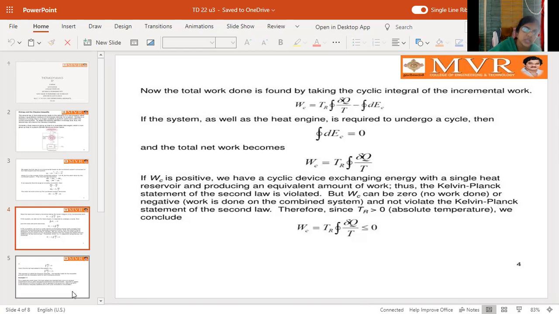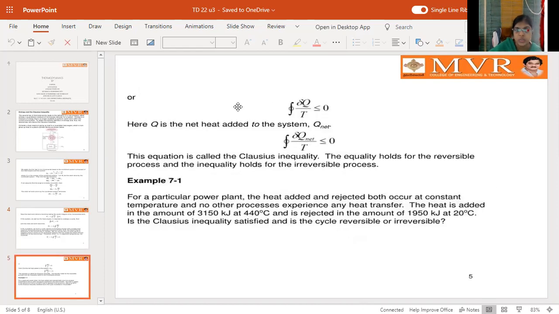So that is the Clausius inequality. The cyclic integral of del Q by T is less than or equal to 0, so the Clausius inequality states that we have only 0 and negative values.